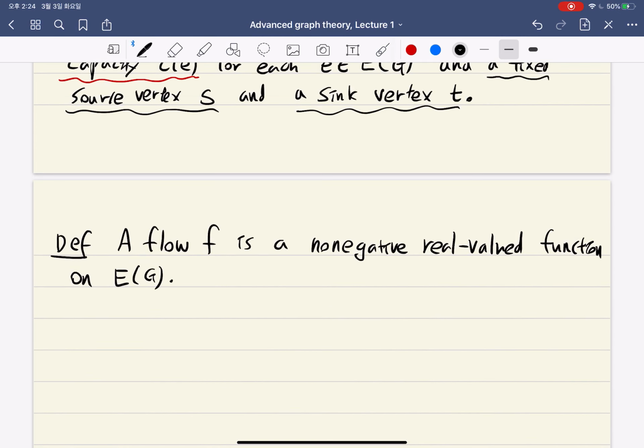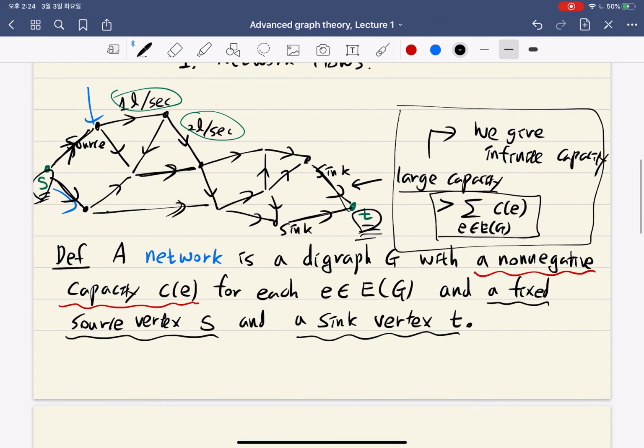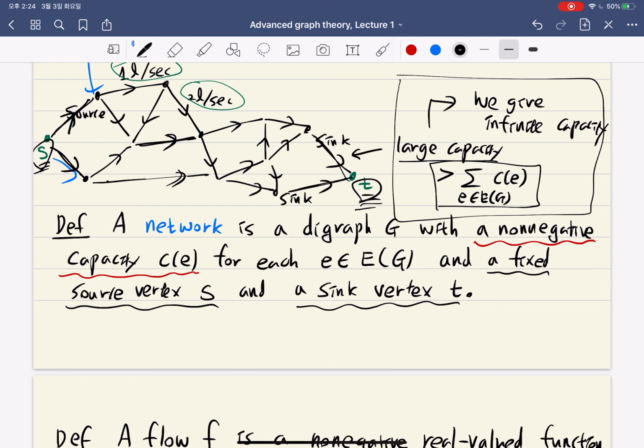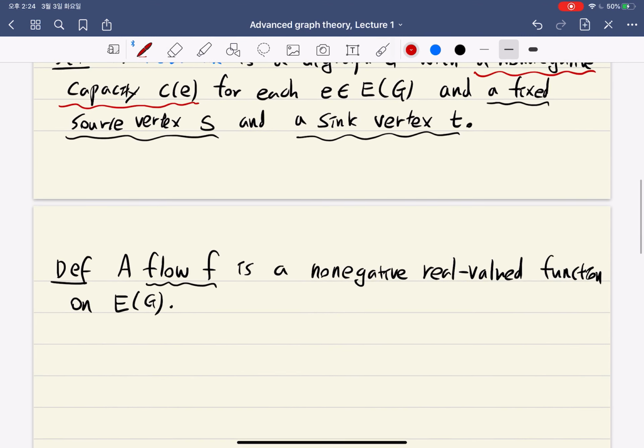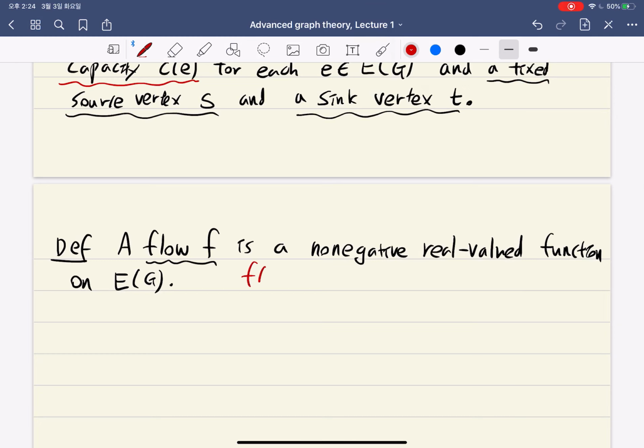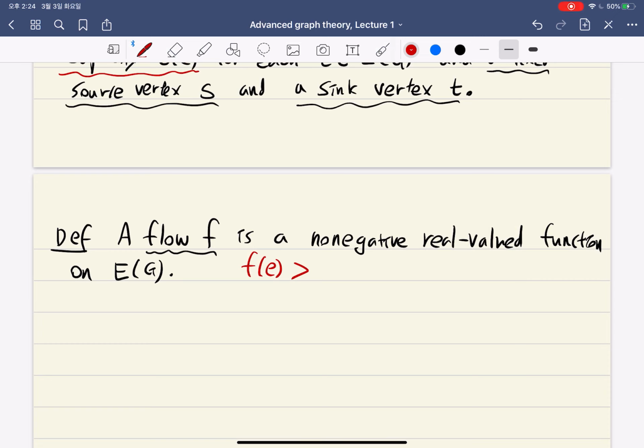Of course, this flow does not necessarily satisfy any constraint on the pipes. So the flow itself could have a situation where the flow is bigger than the capacity. But in that case, this is not good, it is non-feasible.